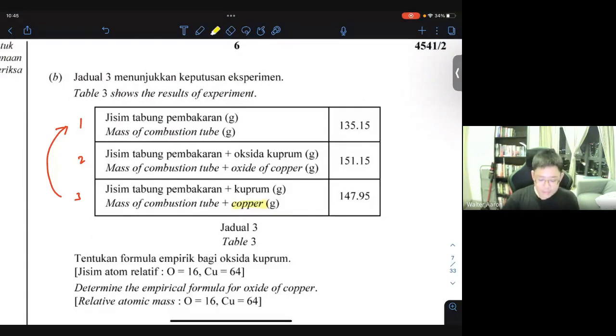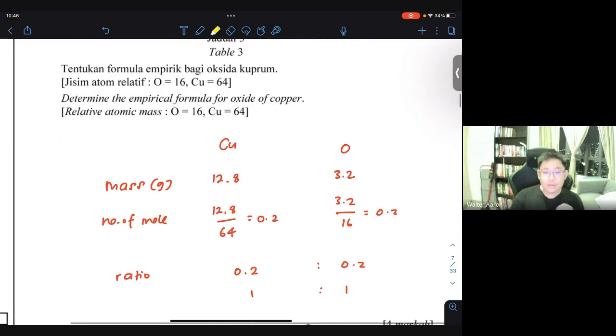If you take 2 deduct by 3, then you'll be able to get the mass of oxide, which is technically your oxygen. Okay, so that makes a lot of sense. So once you get the mass of the copper and oxygen alone, then you'll be able to calculate the empirical formula.